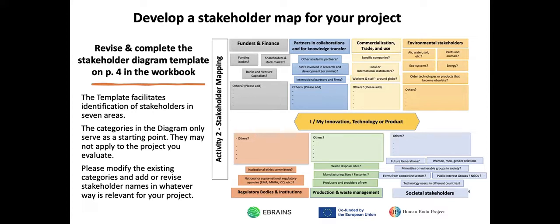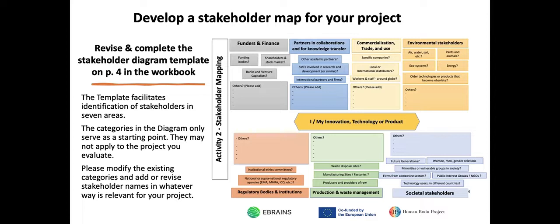The aim of this activity is that you actively revise the diagram and the different categories, and that you actively add stakeholders that are not mentioned in the diagram, but also that you can delete those stakeholders that are not relevant for your research.